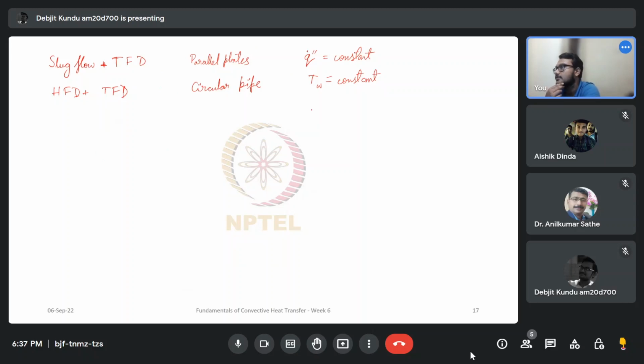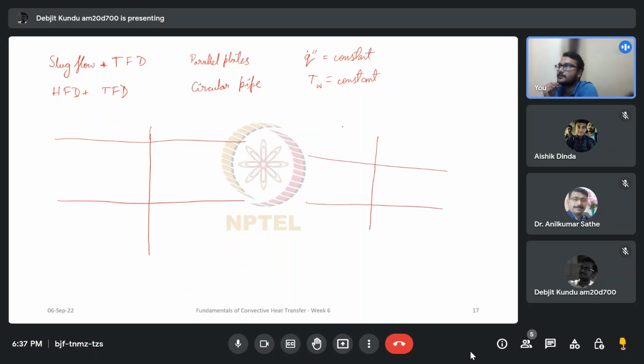So there are 6 cases in total. This is for TW equal to constant, and this is also for fully developed conditions.